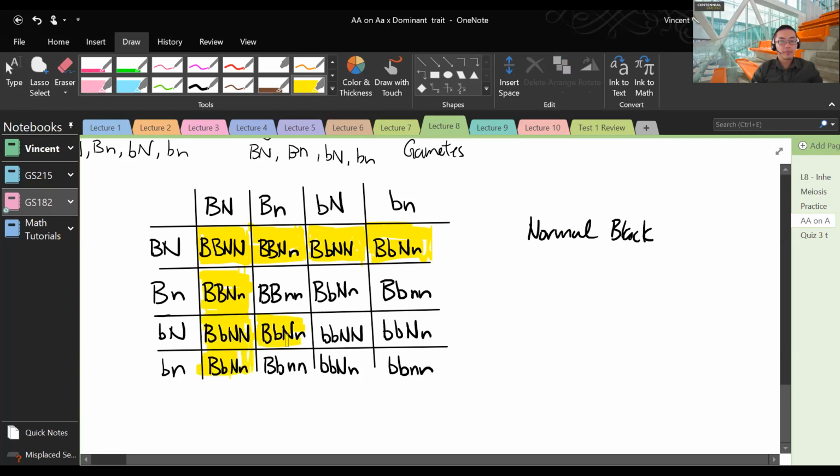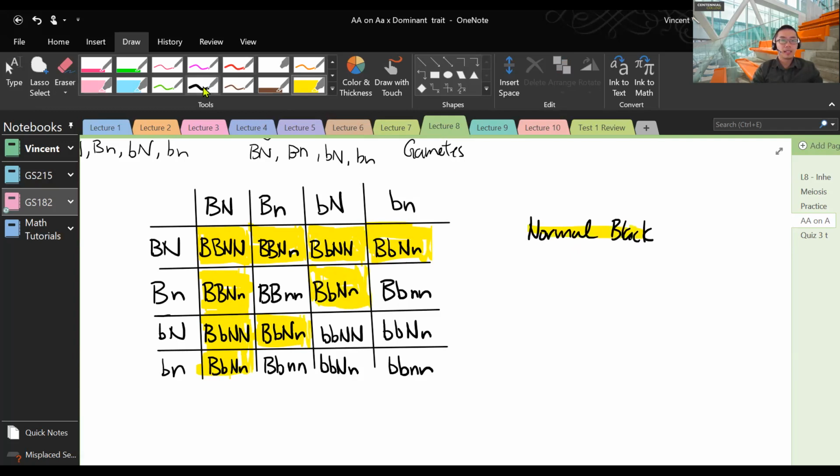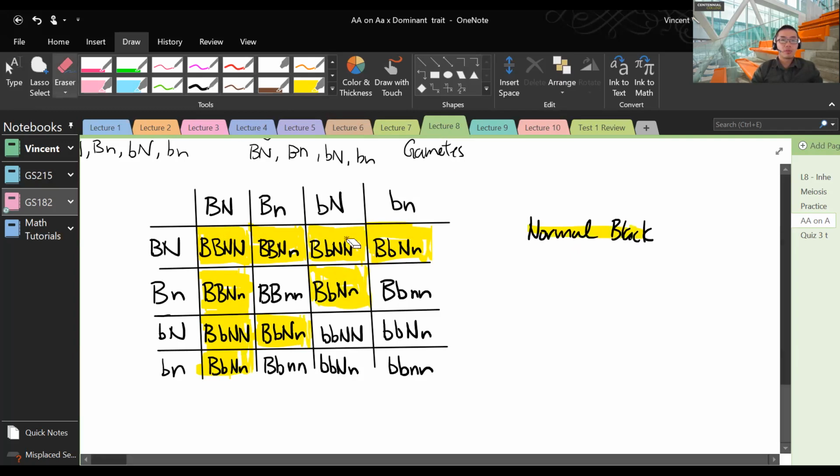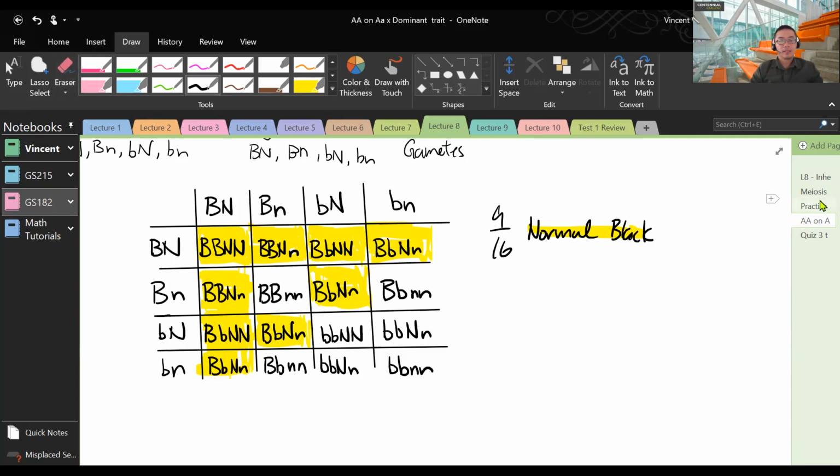So all the ones I have colored here are going to be normal black. And if I count, 1, 2, 3, 4, 5, 6, 7, 8, 9, that is 9 out of 16 of the boxes. Does that make sense? Have I convinced you that it is 9? If not, let me know. I can be more convincing.